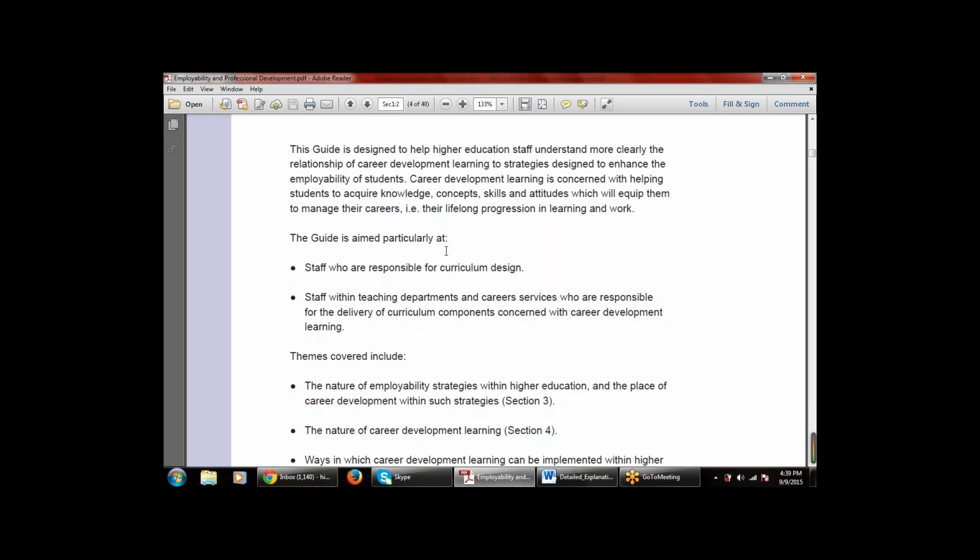So the guide is aimed particularly at the staff who are responsible for the curriculum design.